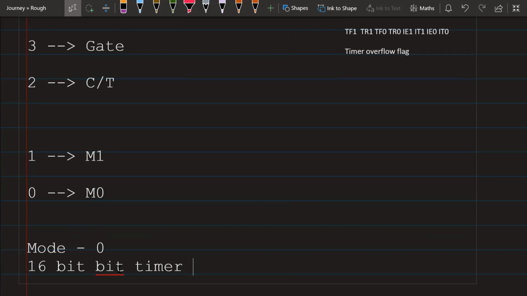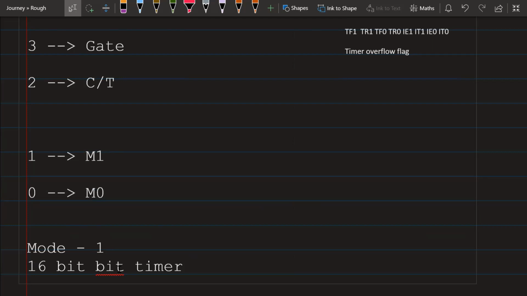Frequently we use mode 1, which is 16-bit because we get complete 16-bit operation. Mode 0, 13-bit, is for exceptional cases where we want a very short duration.